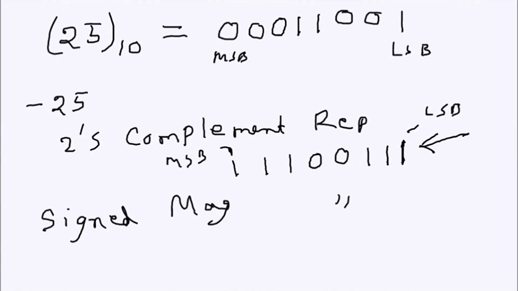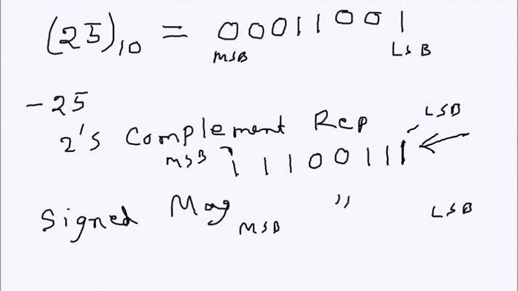Now the signed magnitude representation of a negative number is a totally different method. Here the MSB is reserved for the sign. When the MSB is 0, that is a positive number, and when the MSB is 1, that is a negative number.